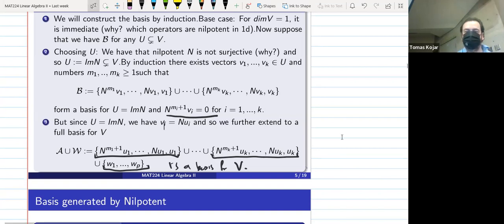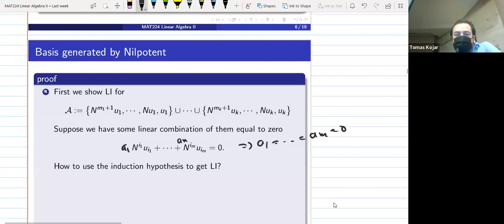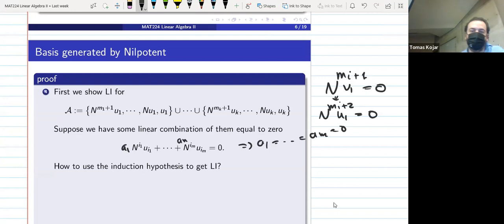Yeah, you just do it. So let's go back. It says that N^(m_i+1) of v_i is 0. So N^(m_i+2) of u_i is 0, right? And here you have the u_i.